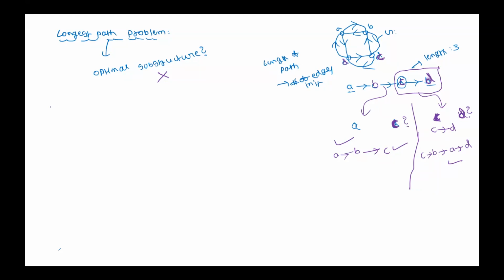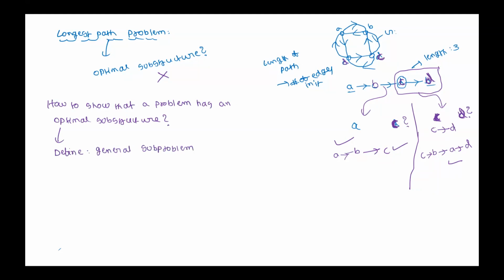In general, how to show that a problem has optimal substructure? For that, we need to first define the general subproblem of that problem.